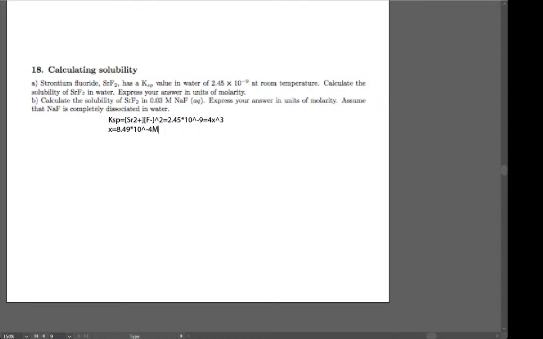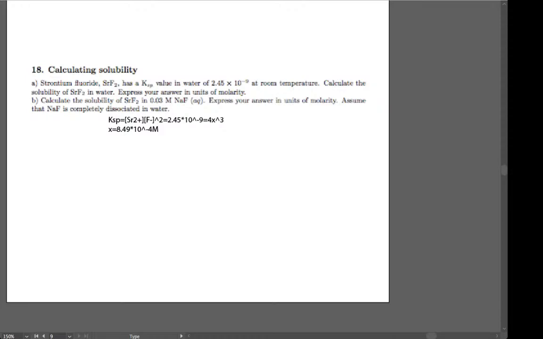Calculate the solubility of SrF2 in 0.03 molar NaF. Express your answer in units of molarity. Assume that NaF is completely dissociated in water. Wait, but that's the common ion effect.